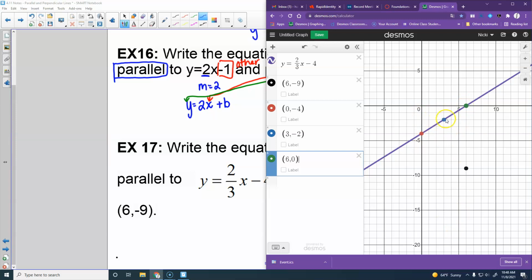So what you had to do is go up 2 and right 3. Right? So if this line's parallel, from this point, what do I have to do? Up 2, over 3, which is going to get me to 4, negative 7. Oh, sorry.